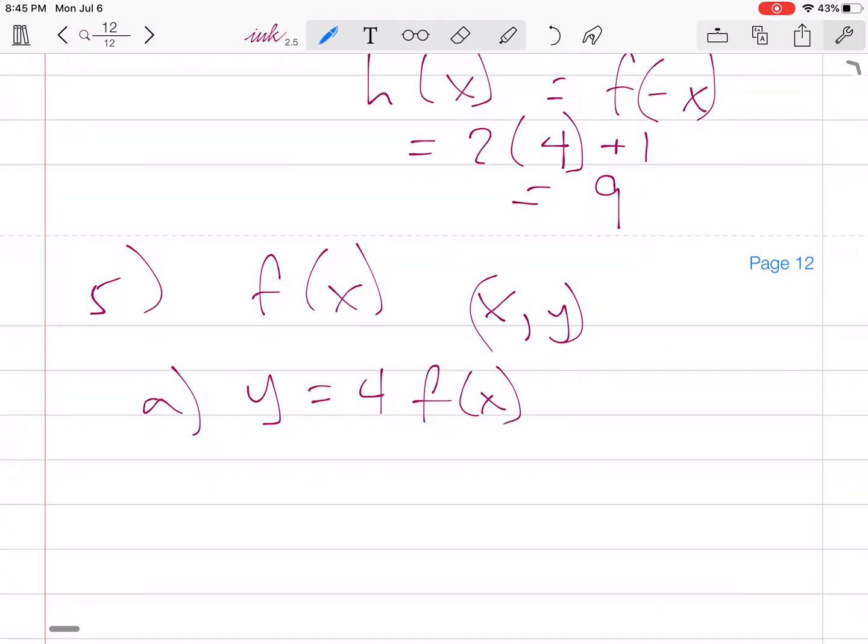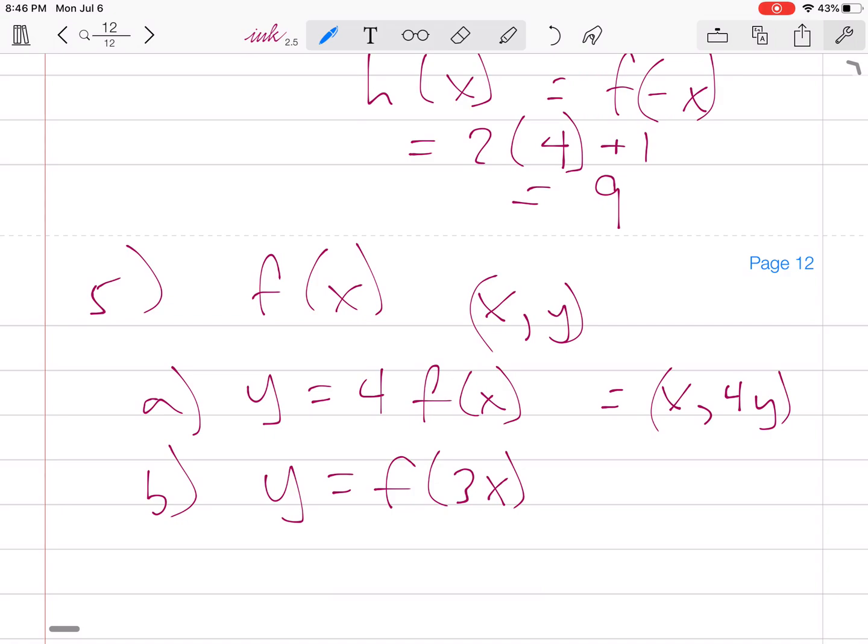So here you're going to get x and 4 times the value of y. Okay. For b, you get y equals f(3x). Okay, so this is the tricky one here. So here, what's going to happen? This is working off the horizontal, and basically what you do here is the opposite.